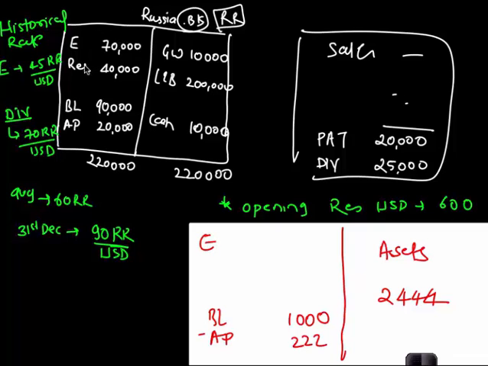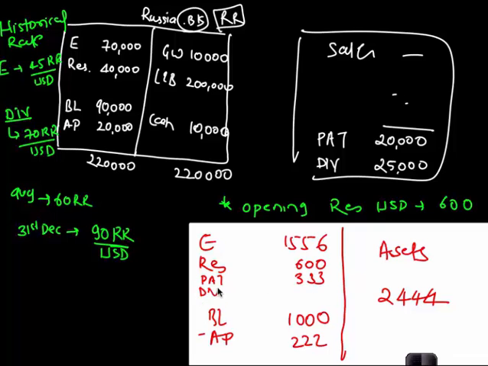So that's 70 divided by 45. Then opening reserves are anyways given, which is 600. Profits 20,000 divided by average rate of 60, 333.